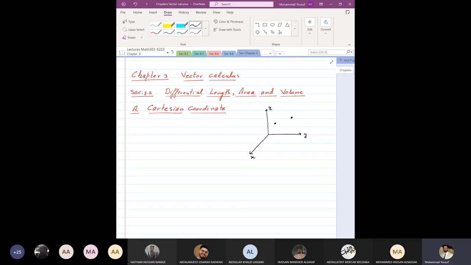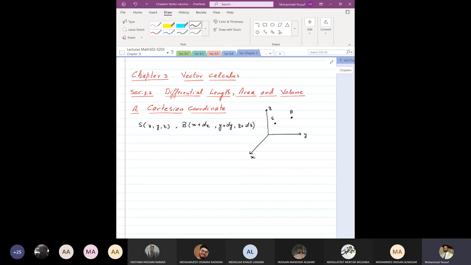We go from one point S to another point B in space, where S is (x, y, z), and B is (x plus dx, y plus dy, z plus dz). A small change in x, small change in y, small change in z.